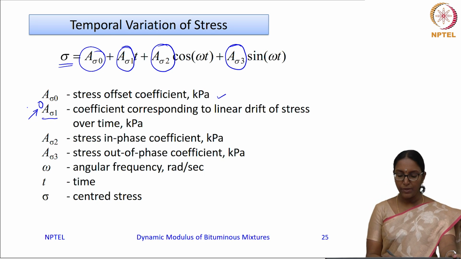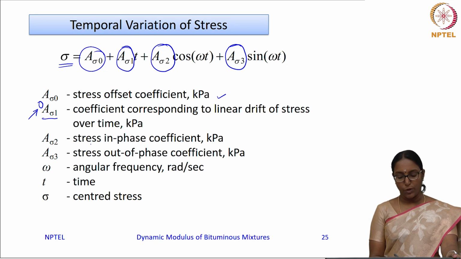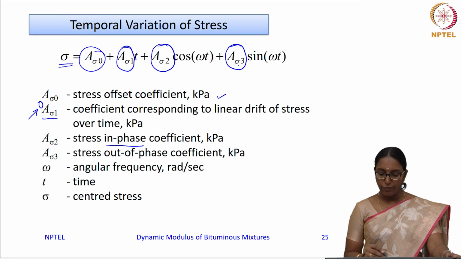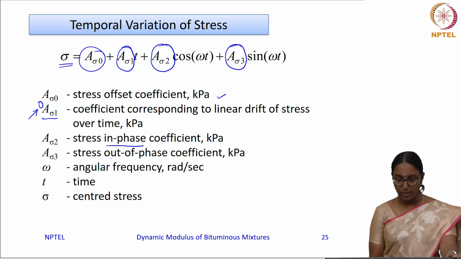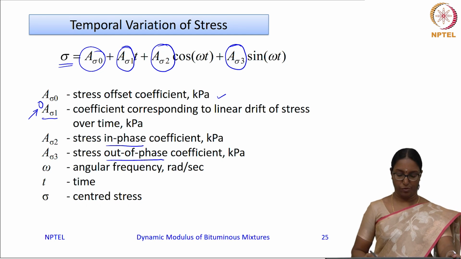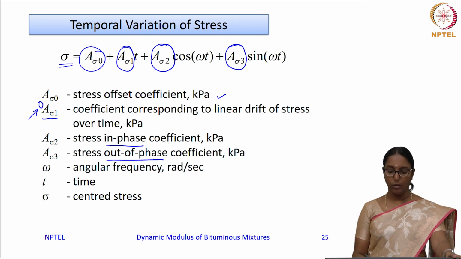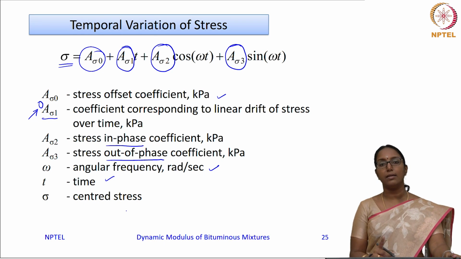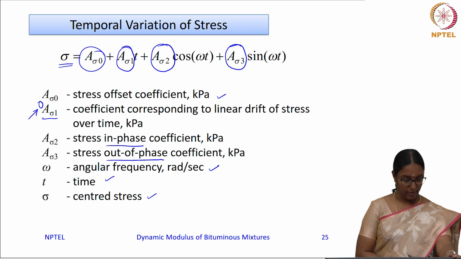The third term, A sigma 2, corresponds to the stress in phase coefficient, as I already mentioned. And the fourth parameter, A sigma 3, corresponds to the out of phase coefficient. And omega is the angular frequency in radians per second, t is the time, and sigma is the centered data that we have collected.